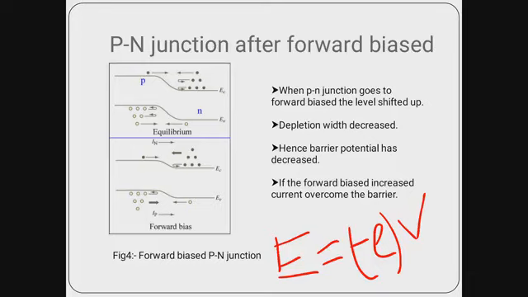Due to these reasons, the width of the depletion layer is reduced. If we compare these two structures, in the equilibrium case the width of the depletion layer is much more as compared to the forward biased PN junction.